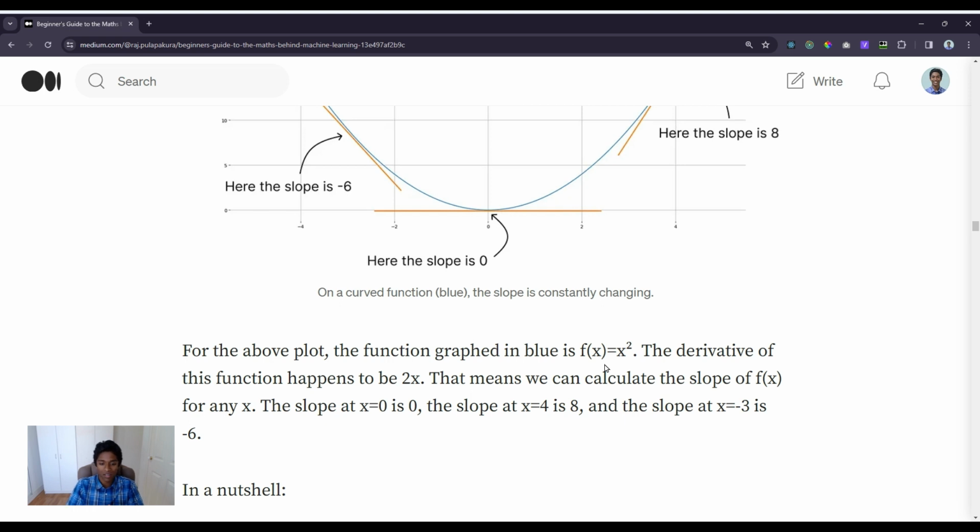What does this mean? Well, it means that we can calculate the slope of f of x for any value of x. The slope at x equals 0 would be 2 times 0, which is 0. The slope at x equals 4 would be 2 times 4, which is 8. And the slope at x equals minus 3 would be minus 6.